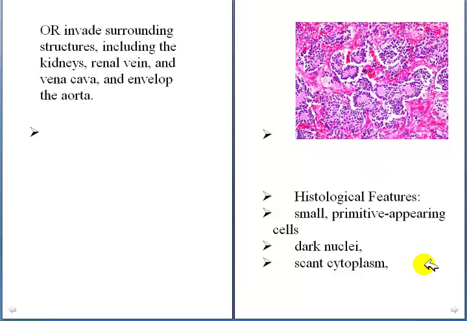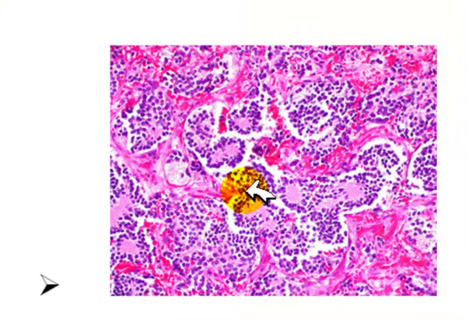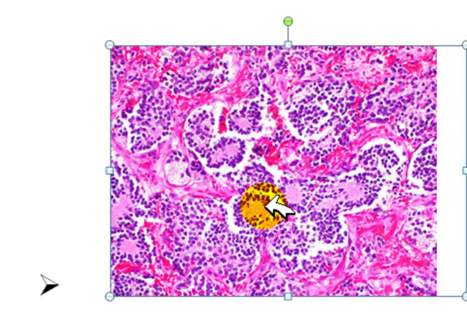But very important to note is that they have the rosette appearance. We're going to discuss it, but I'm telling you here that it is called the rosette appearance because in histological terms it gives the shape of a rose.